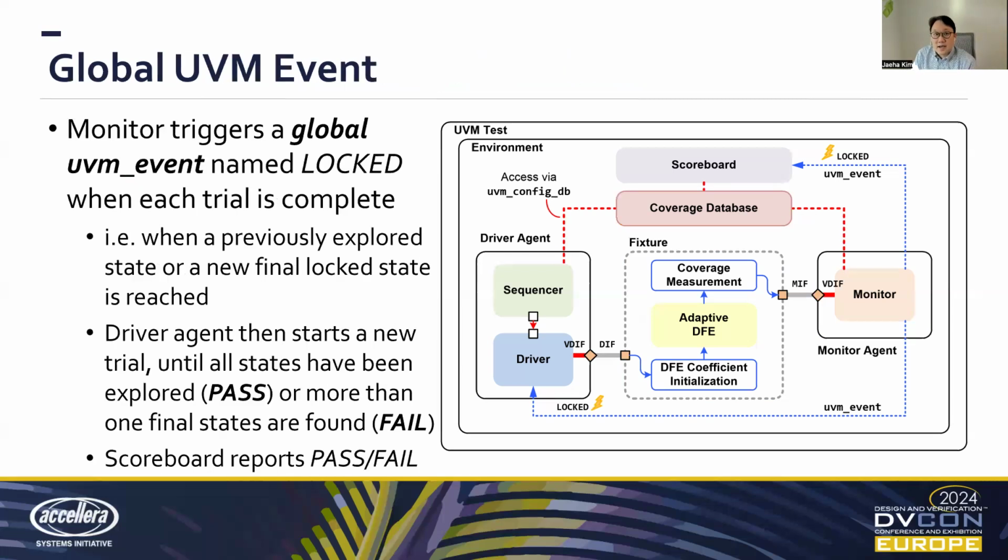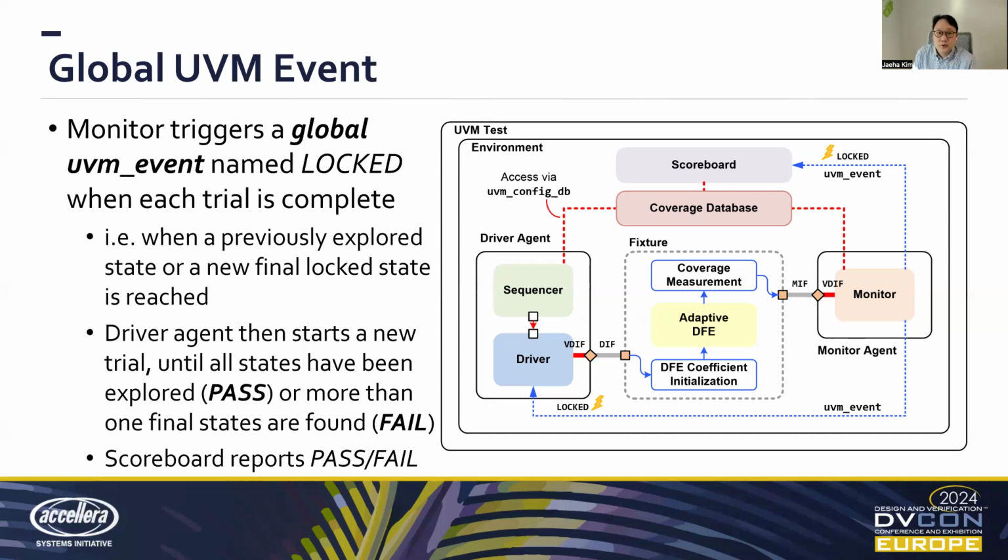Another thing to consider is that each trial may not have the same duration, because depending on the initial state you start with, it may take different time to get to the final state. Or in the middle, the DFE adaptation loop will eventually get to a point that has been explored before, so that you know the outcome afterwards. That means you don't have to keep running the simulation until it reaches the final state, because you know the final state already.